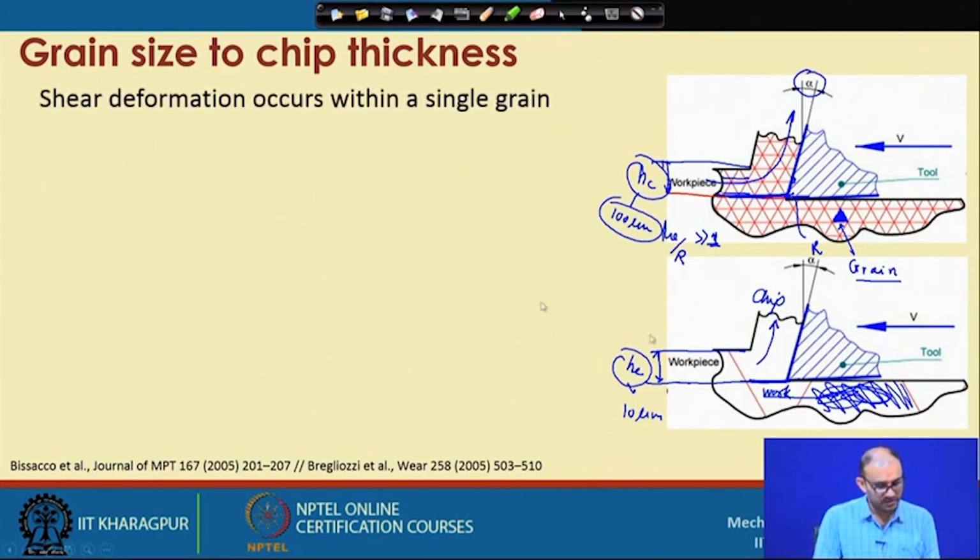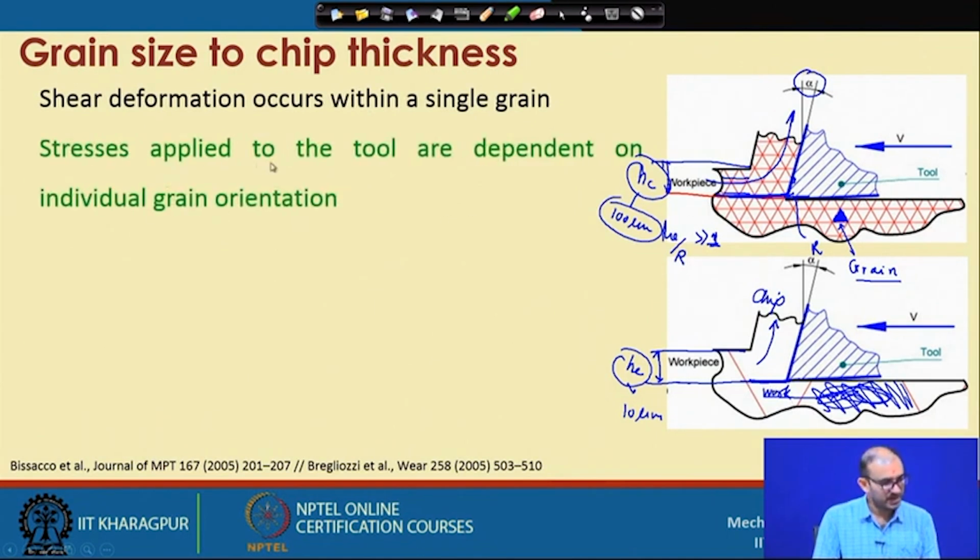So what is this? The shear deformation occurs within a single grain. That is what is happening in this particular case. Stresses applied to the tool are dependent on the individual grain orientation. Now we know that this is showing a very ideal situation, where all grains are oriented and put together in a very particular fashion, but that is not going to happen.